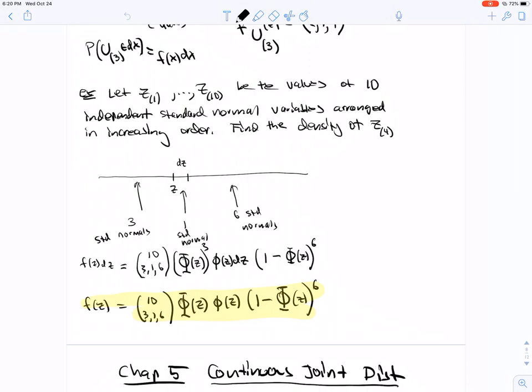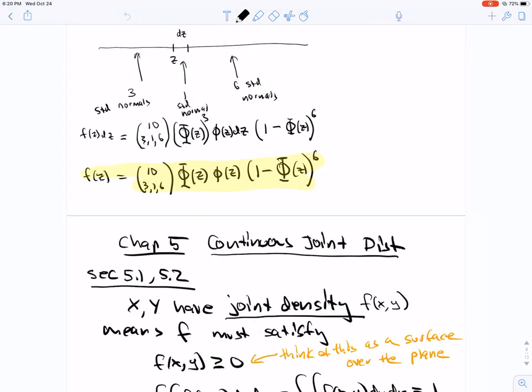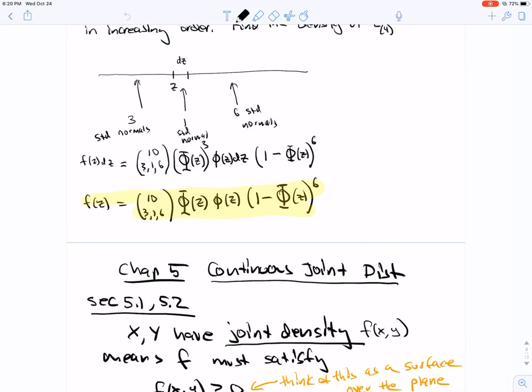To find z, the 4th order statistic, that means that I have 3 darts before z, 1 dart in dz, 6 darts between z and infinity. So you can write out what this is in terms of the CDF and the density function. So here the CDF is capital phi, the density is small phi.